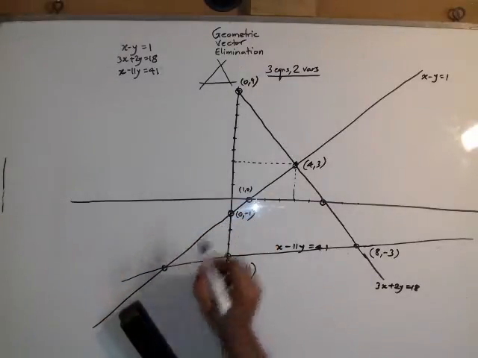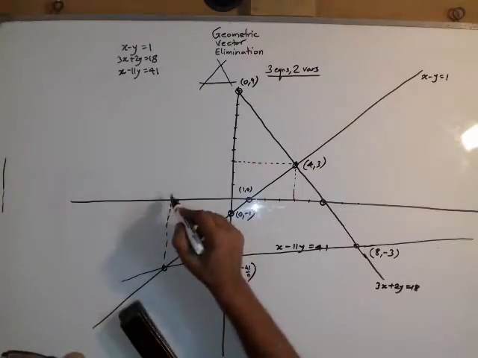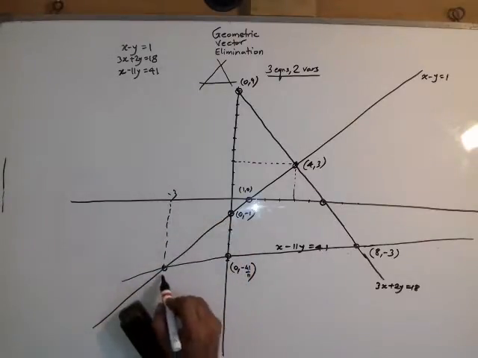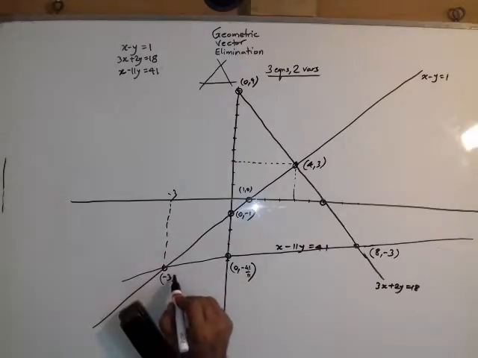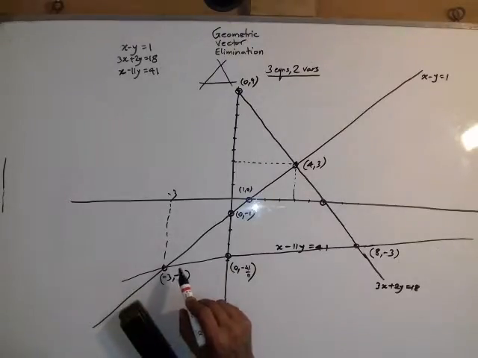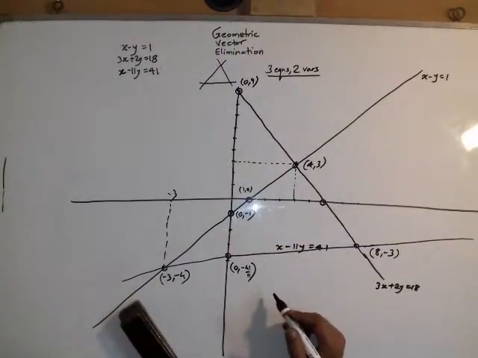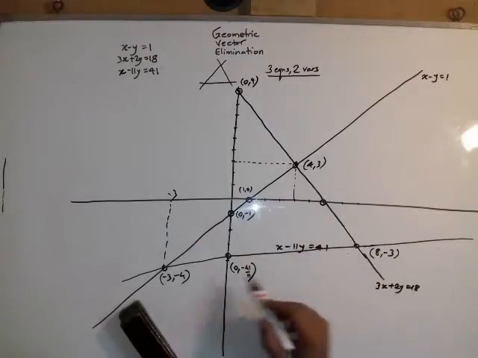It hits it at minus 3, minus 4. So it really hits this line at minus 3 and minus 4. So we got the geometric representation of these three lines. We already knew it, but it's nice to establish them and see how it looks.